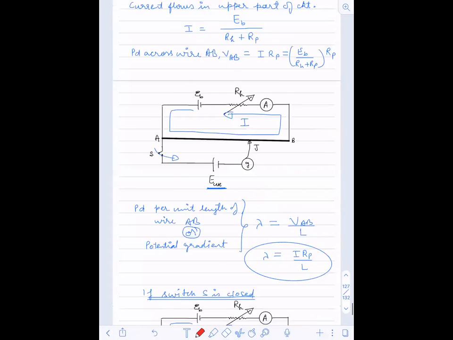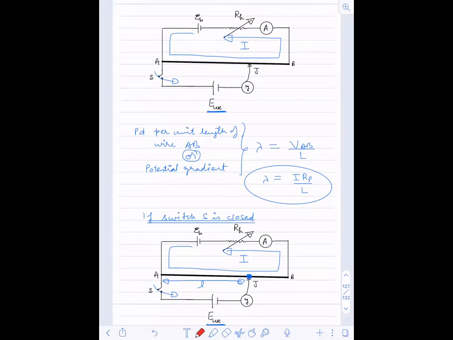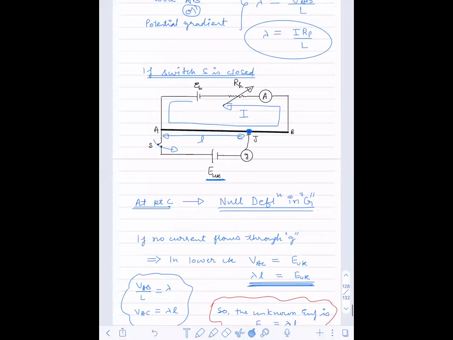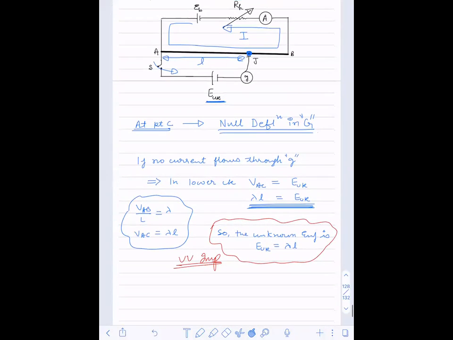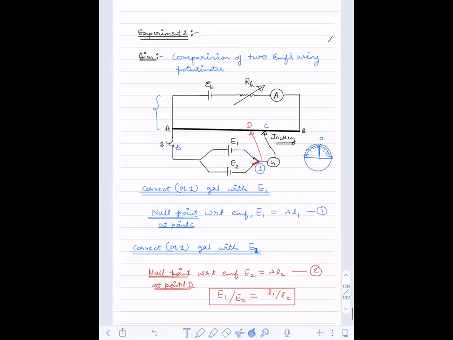Then this, and then this is the last experiment.